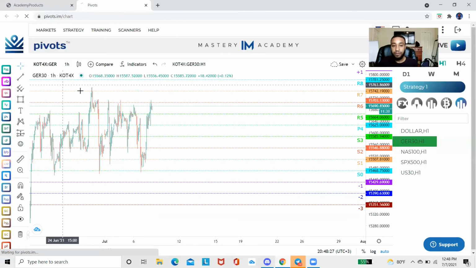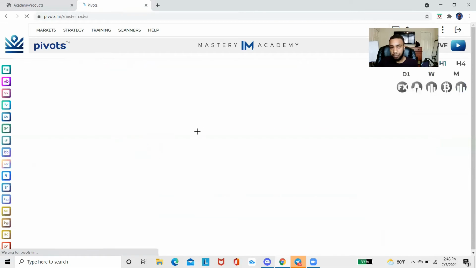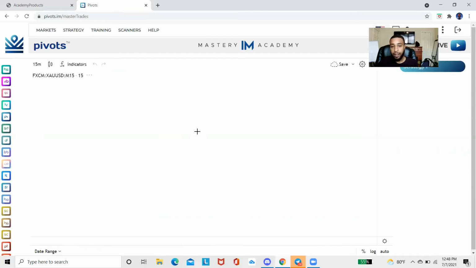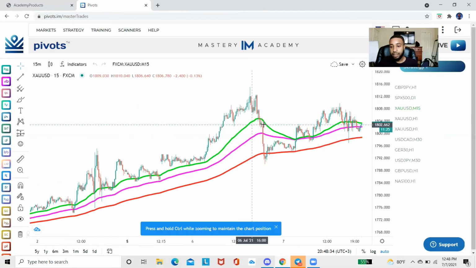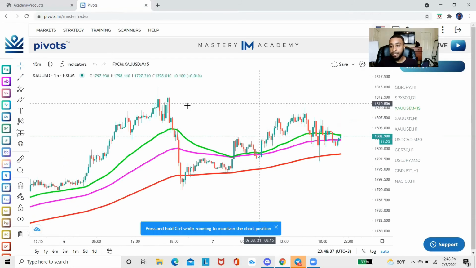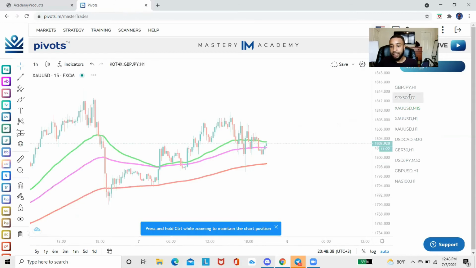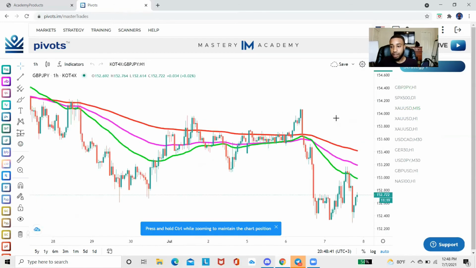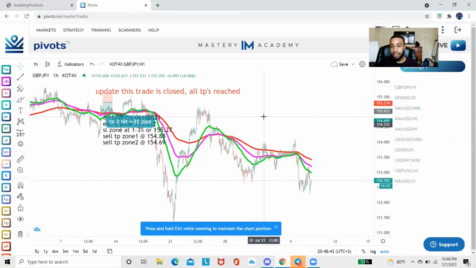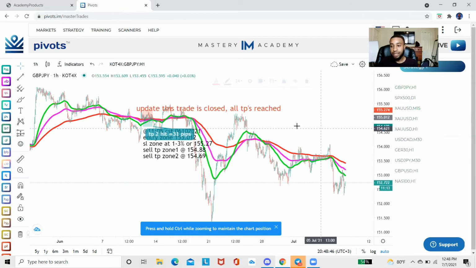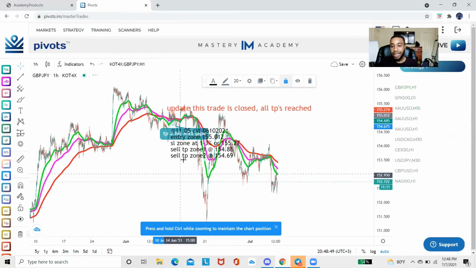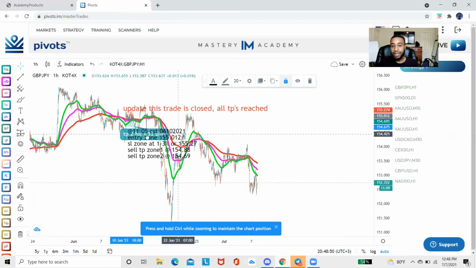Okay. So if I click on where it says master trades, I want to show you guys real quick. As you guys can see, it's basically going to give you a blank chart that doesn't have any pivot levels. This is something you definitely need to pay attention to, because the reason it doesn't have pivot levels is that Lee Allen is going to be calling out trade ideas here.